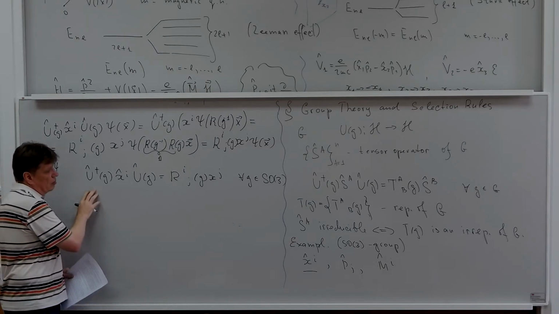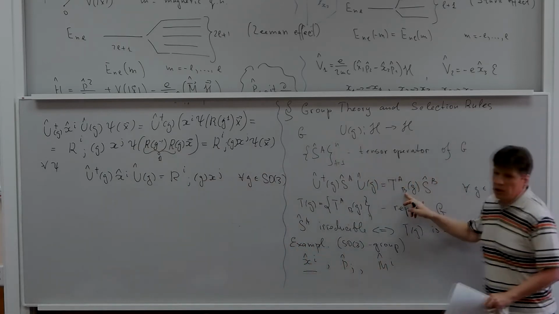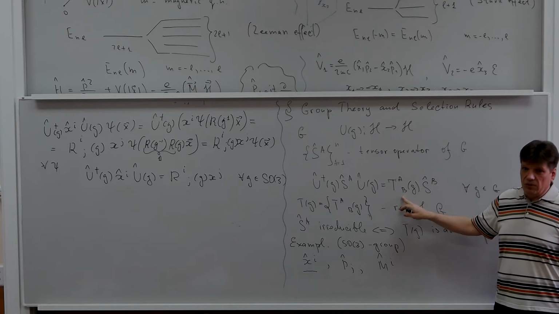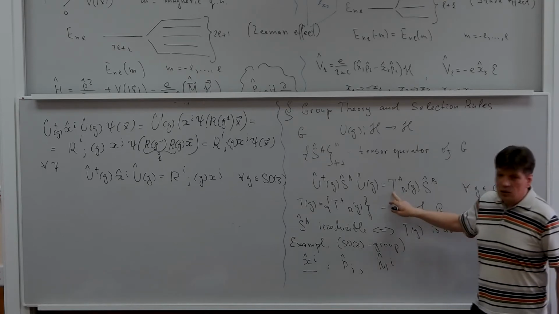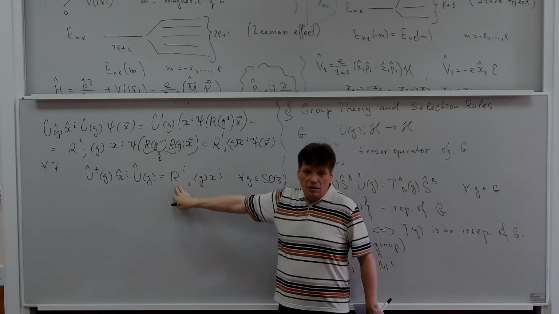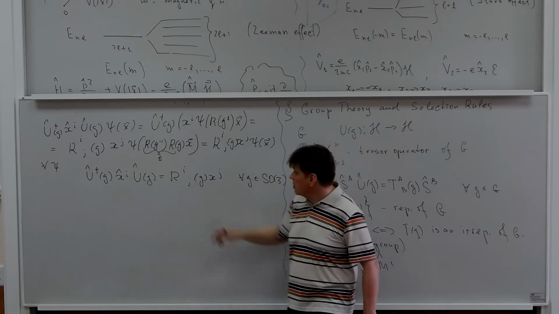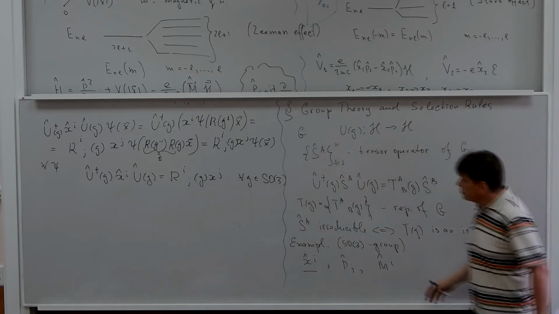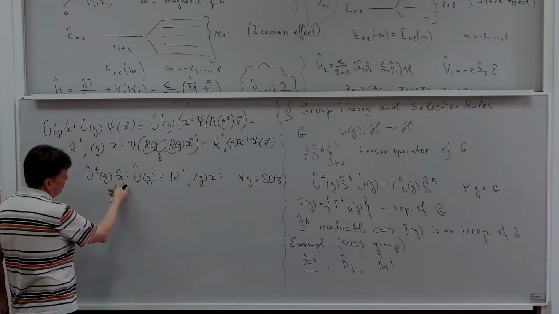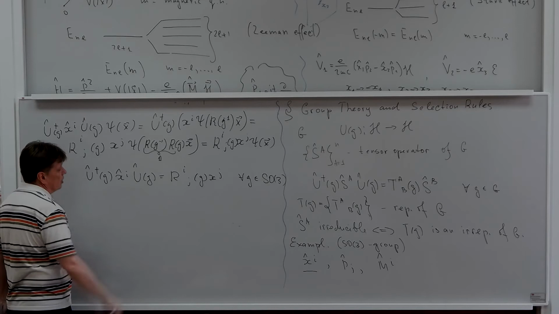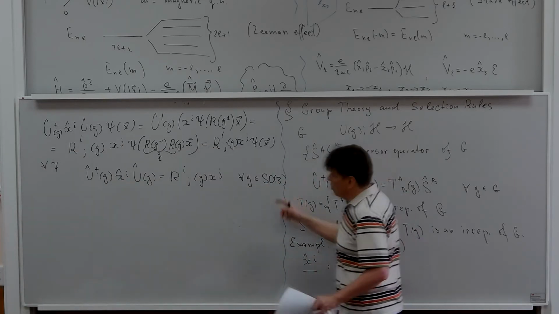Now we can compare this equality with the general definition of the tensor operator. So we see that the role of the matrix T is played here by the matrix of space rotation R. So we get an irreducible tensor operator of SO3 that transforms according to the vector representation of SO3.